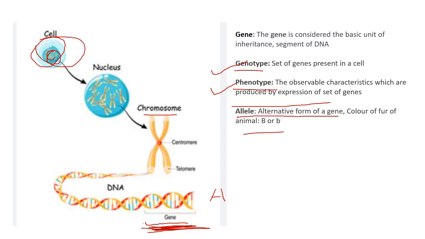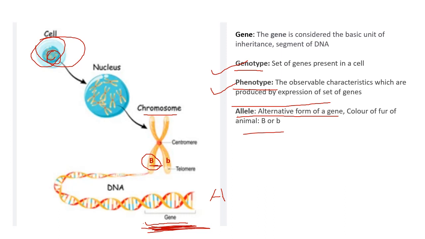So the next thing is that these alleles are present at a certain place on the chromosome, and these two arms are different. One is inherited from the father and the other is inherited from the mother. So you are seeing the two arms of the chromosome, and suppose this particular gene is present at a specific place here in the chromosome.